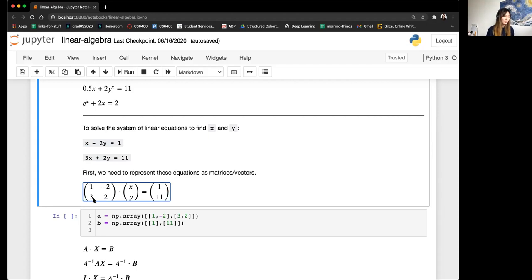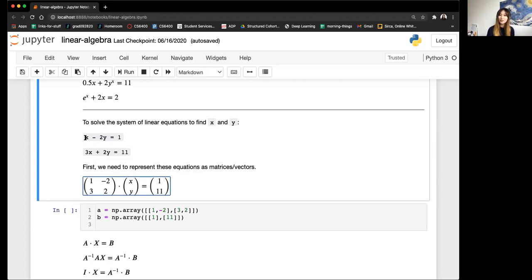So this 1, -2, 3, 2 comes from the coefficients of x and y. This x is multiplied by 1, you have -2 here, 3 and 2. And this is on one side. We put the x and y like this because when you matrix multiply this out, it'll look just like this. And then we have 1 and 11 on the other side of the equation. You'll see after you rearrange this, these are actually equivalent representations of these equations.